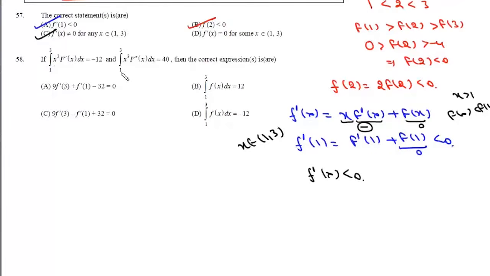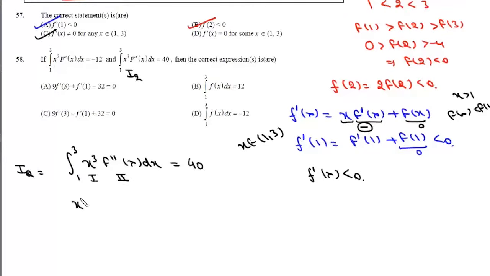Now we'll start with the second integral and say this is I2. We can write this I2 as the integral from 1 to 3 of x³ f''(x) dx, and it is given that it is equal to 40. Now we'll take this as the first function and f'(x) as the second function.